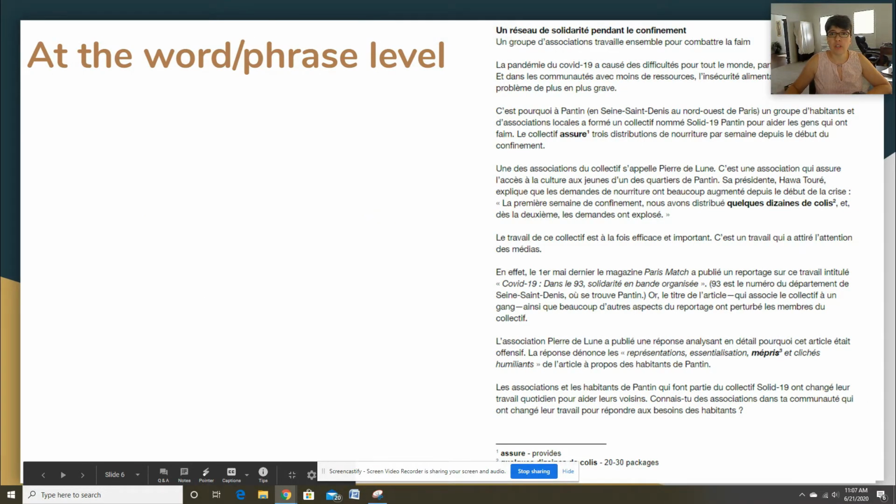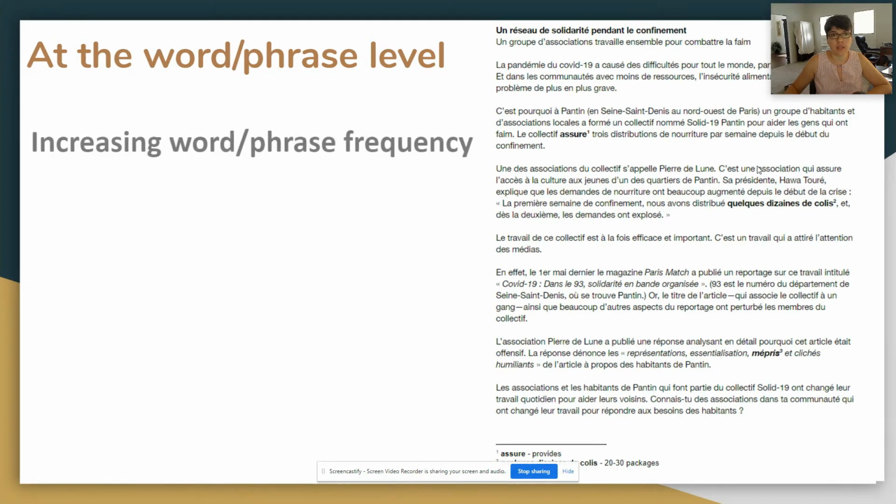So I told you there are two strategies at the word and phrase level to simplify and comprehensify a text. The first one was sheltering language. The second one is increasing the word and phrase frequency. So let's take a look. Consistency of phrases used.